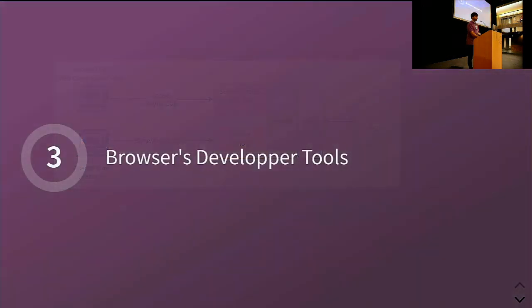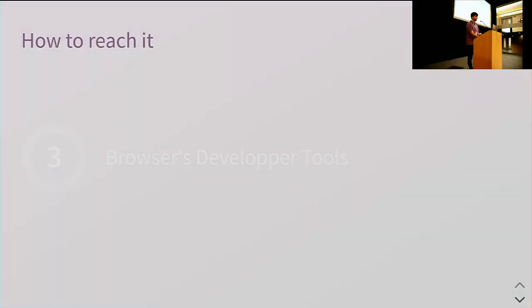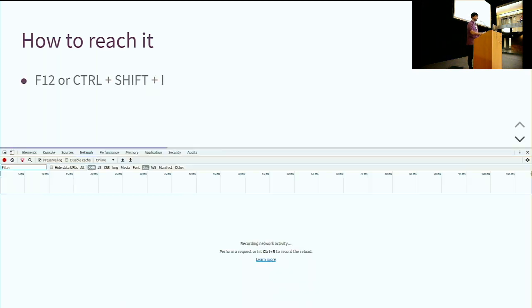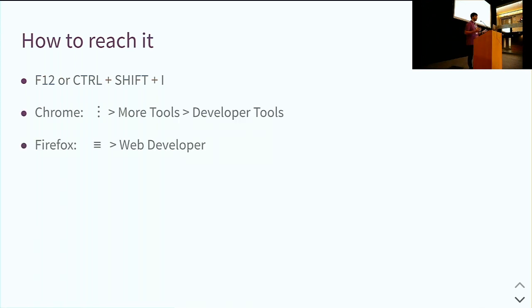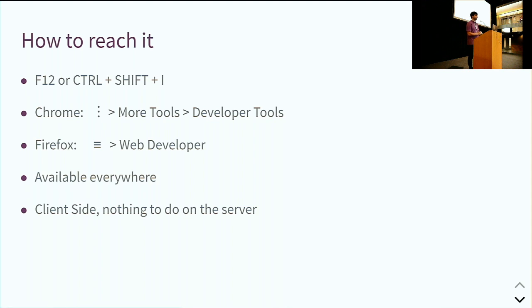Okay, so let's present the tool. How to reach it first? Well, it's pretty simple. You can press F12 like this. And of course, there is a menu, more tools, and so on. But the really good thing about this tool is that it's available everywhere. I mean, it's available on your laptop, but also on your business analyst's laptop, on your customer's laptop.